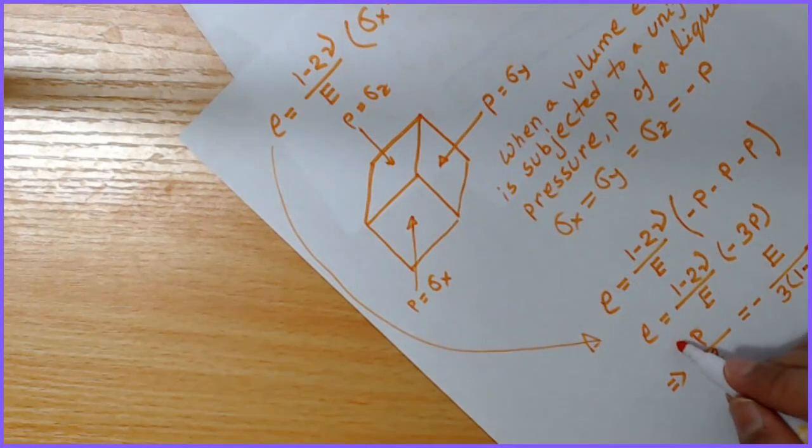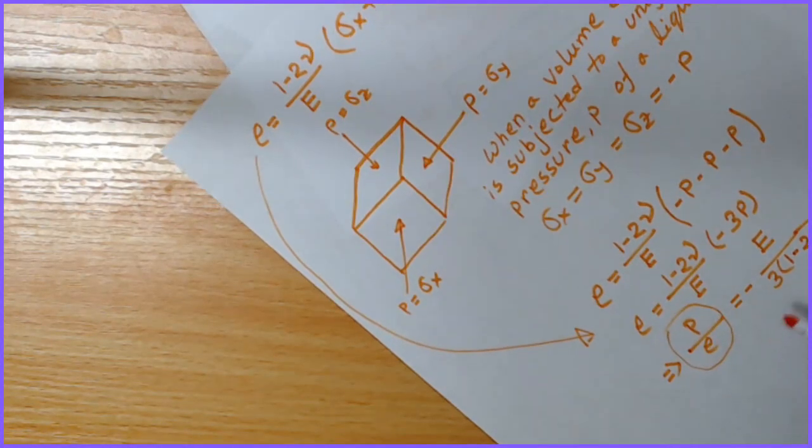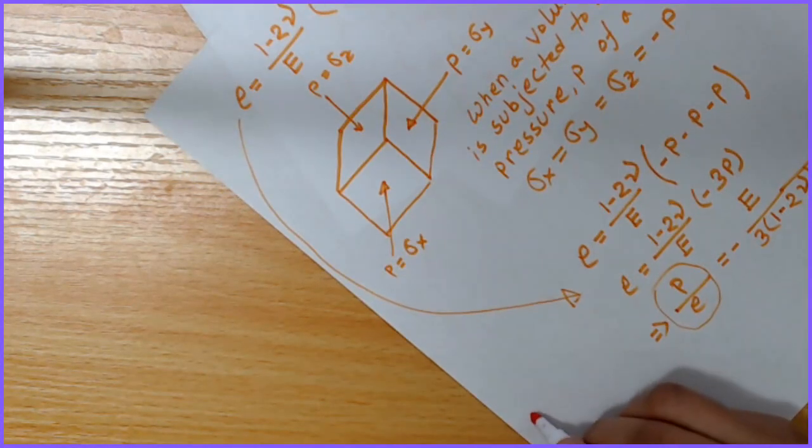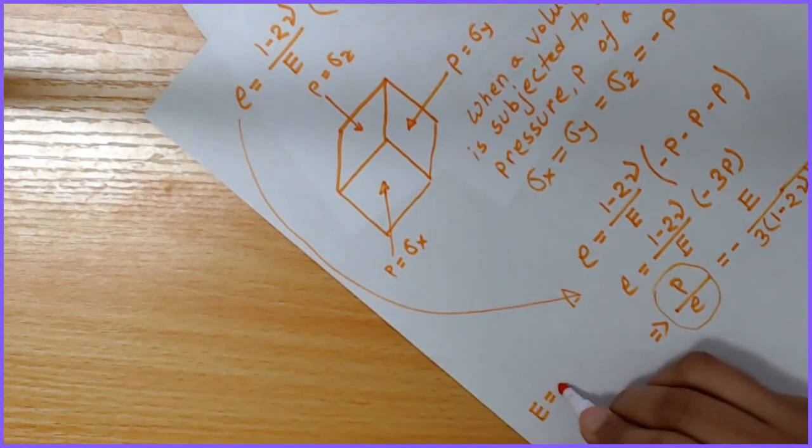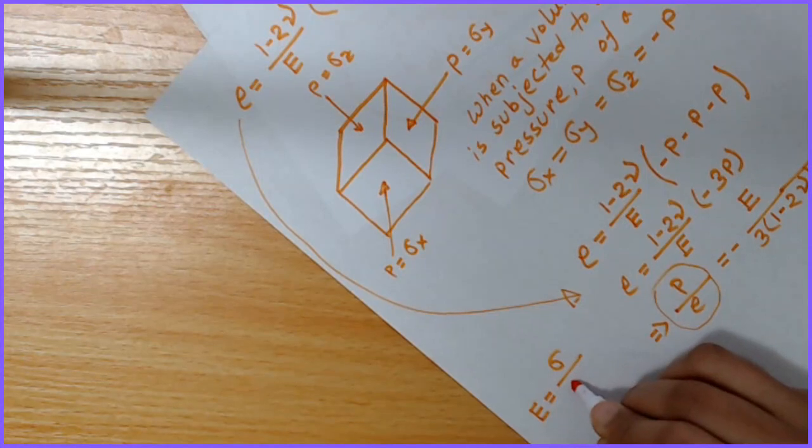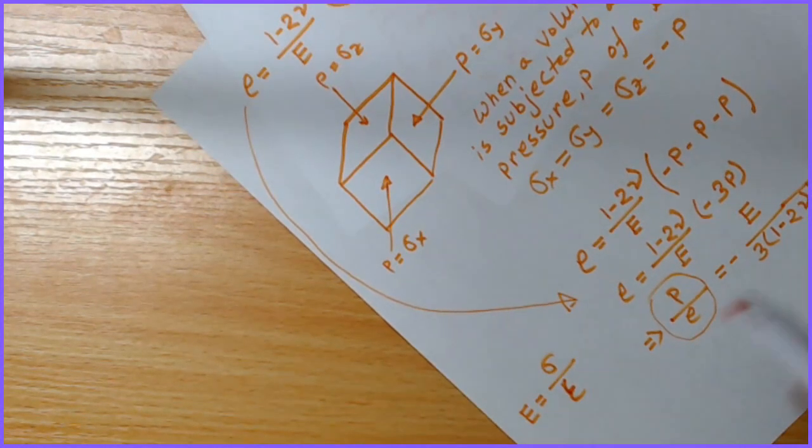Okay, and this p by e is analogous to Young's modulus, sigma by strain. So remember, sigma is analogous to pressure, and volumetric strain or dilation e is analogous to normal strain.